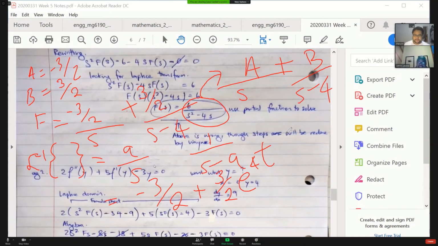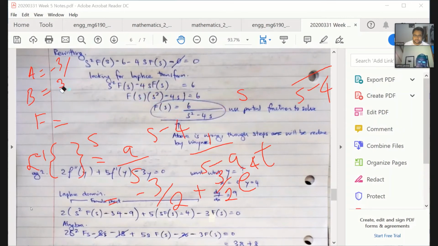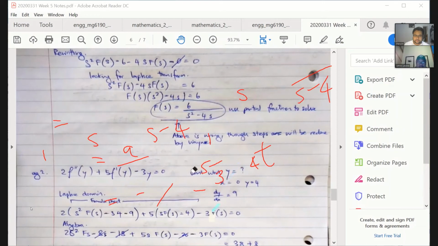Okay, so that's all the steps. Let's go back to the steps, shall we? And we write it out as we go. The first one was look at the table, the formula sheet, and change the Laplaces, which means look at the differential equation.